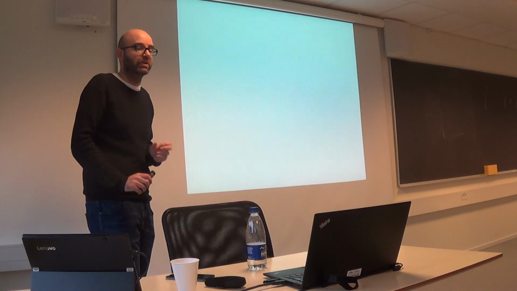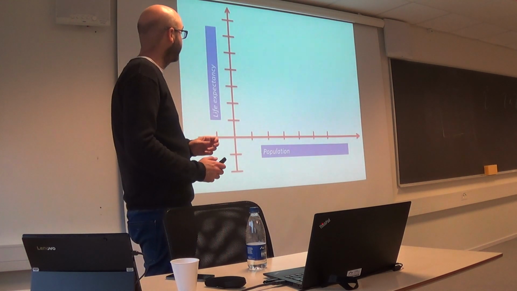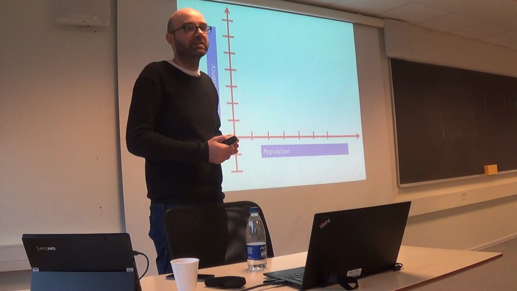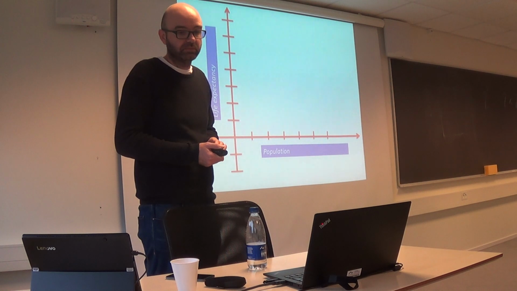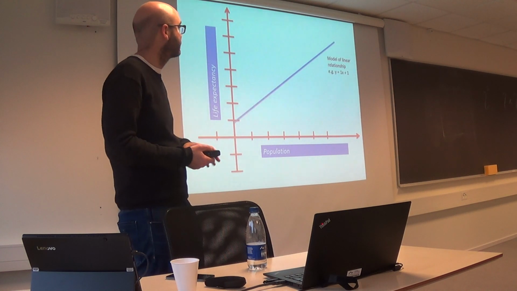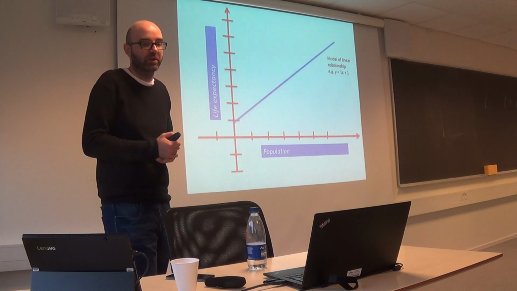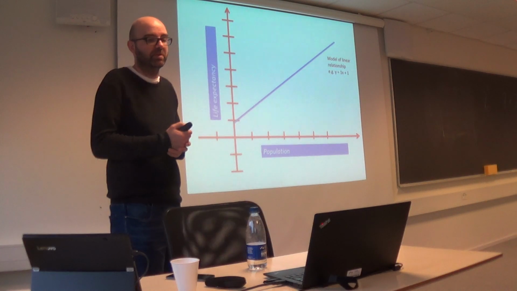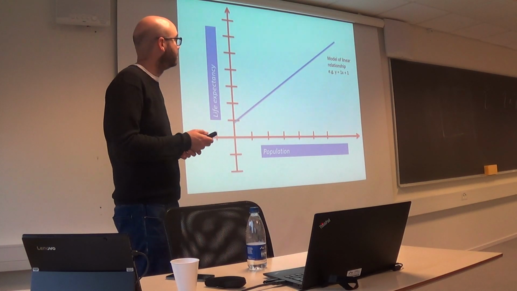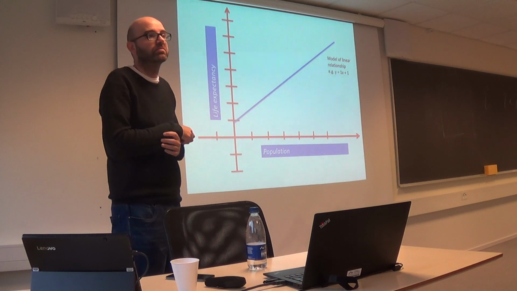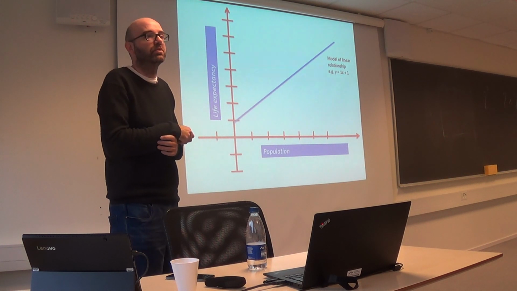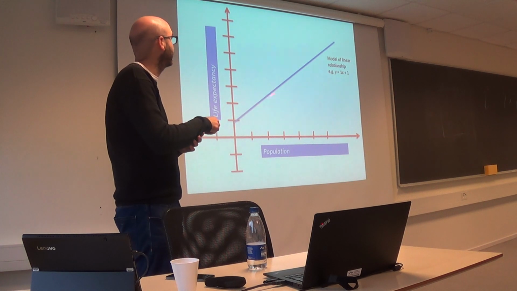Okay, so let's go to an example again, where we have population on the x-axis and life expectancy on the y-axis. And let's start this time with our model of some linear relationship. Let's say we have a model of a linear relationship between these two variables. And that specific relationship is that y is equal to 1x plus 1. So any y value that we want to find, we can predict by knowing an x value.